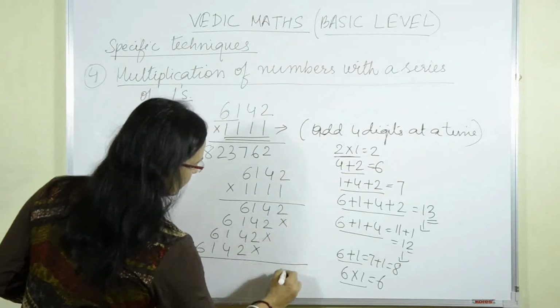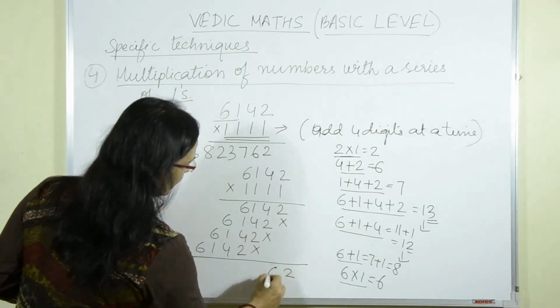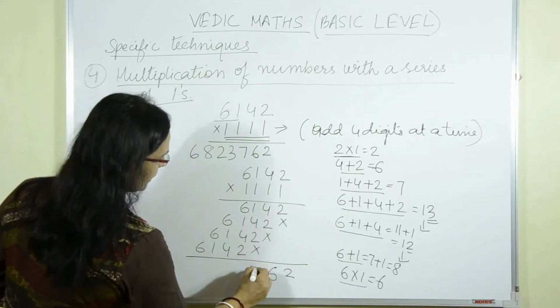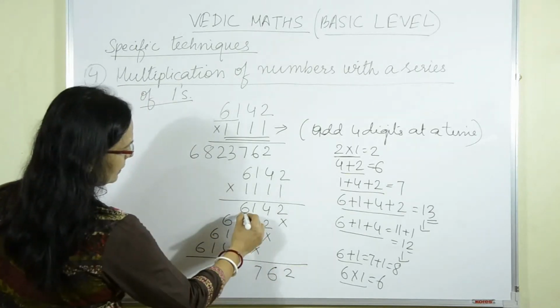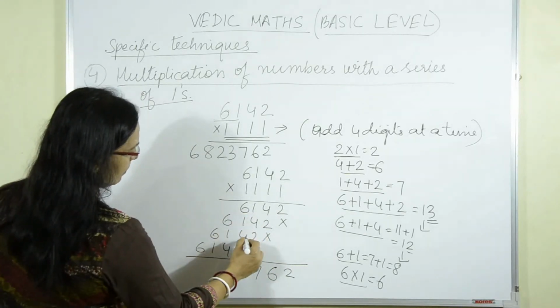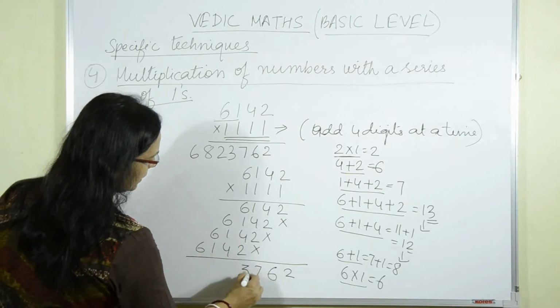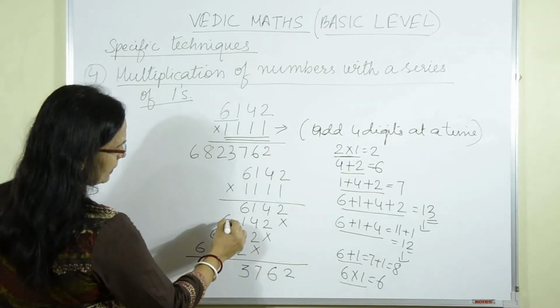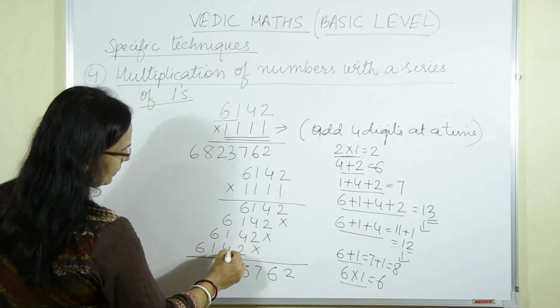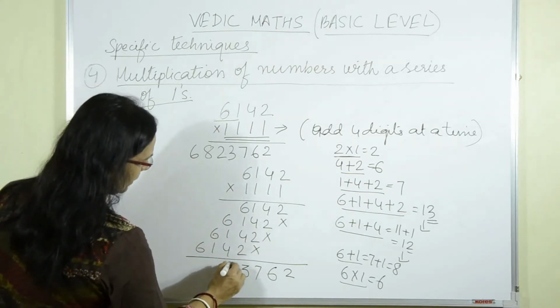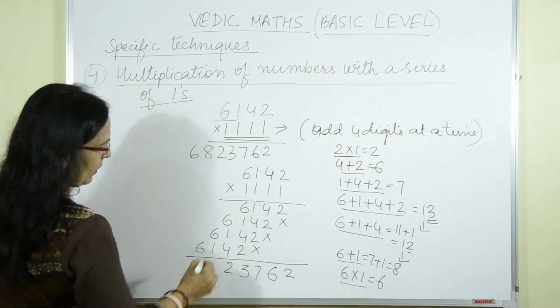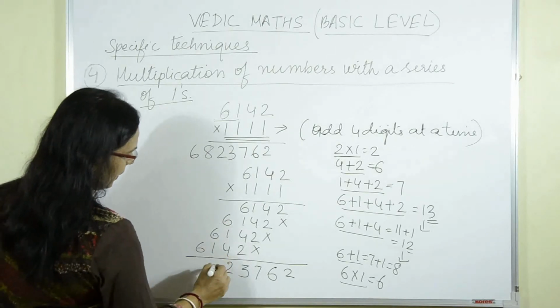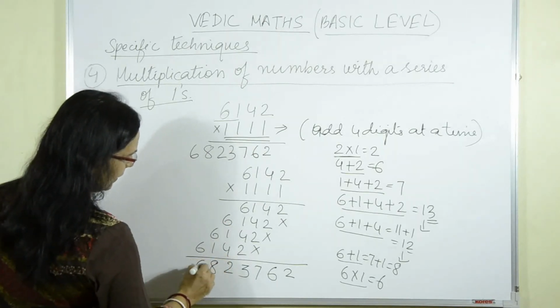Let us see, it's 2. Next is 6 plus 1 is 7, then 7 plus 2 is 11, 11 plus 2 is 13. Carry 1. 6 plus 1 is 7 plus 4 is 11 and with that carry 1 it becomes 12. Again I have carry 1. 6 plus 1 is 7 and with the carry 1 I have 8 and then I have 6.